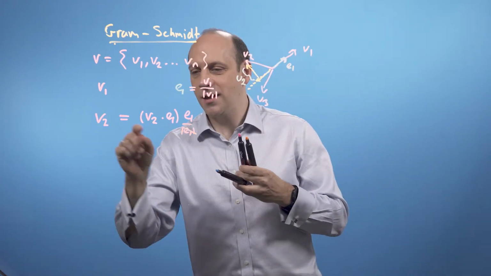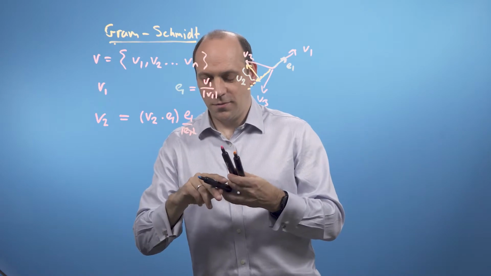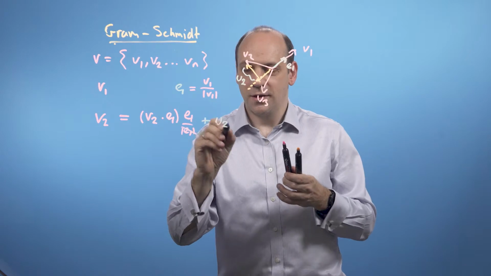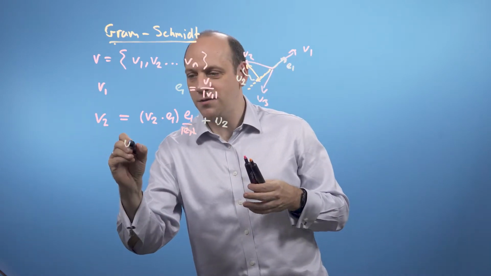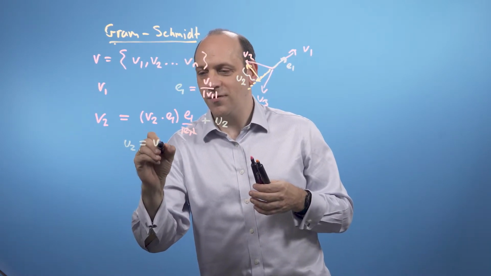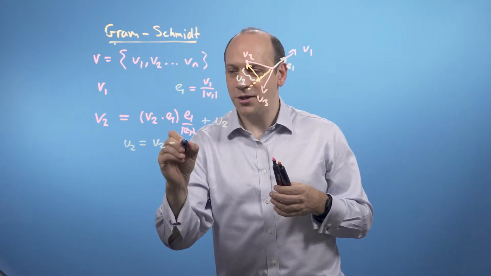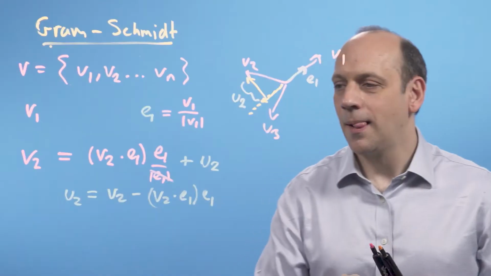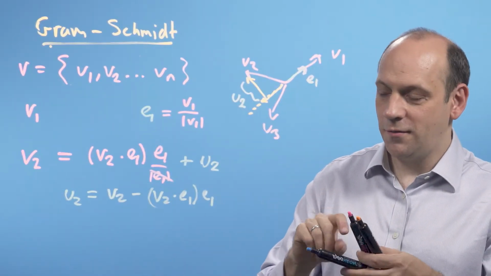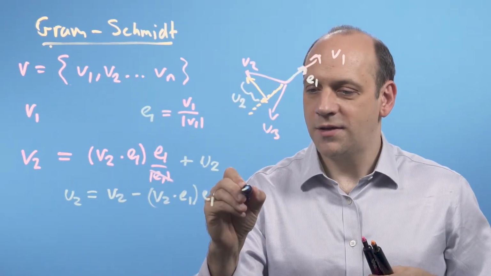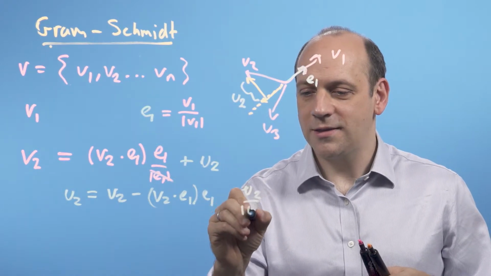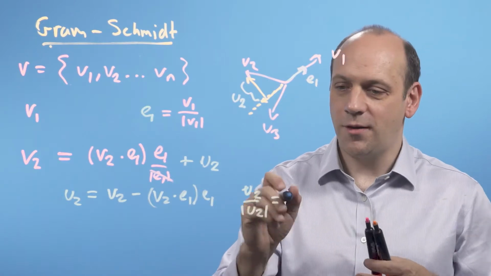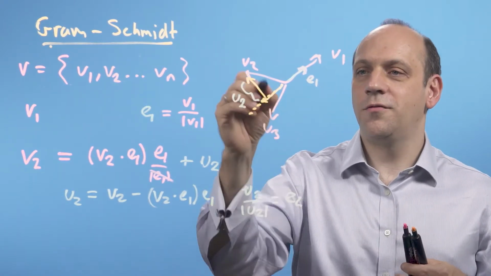So I can rearrange this and say that u2 is equal to v2 minus this projection, v2 dot e1 times e1. And if I normalize u2, if I take u2 divided by its length, then I'll have a unit vector which is normal to v1.